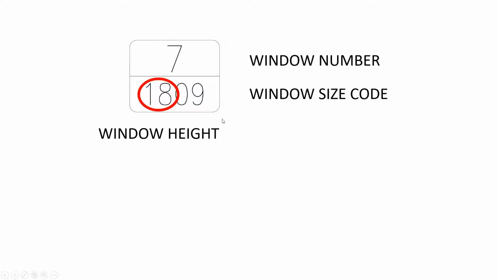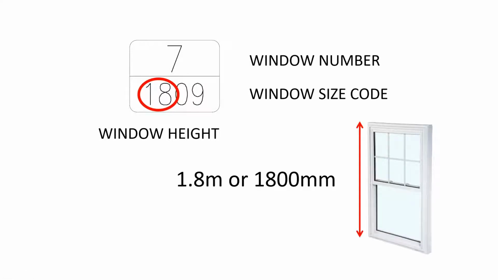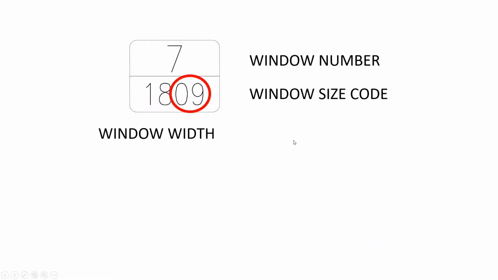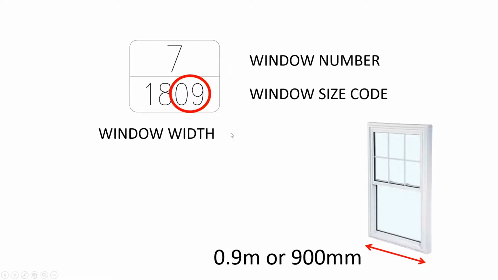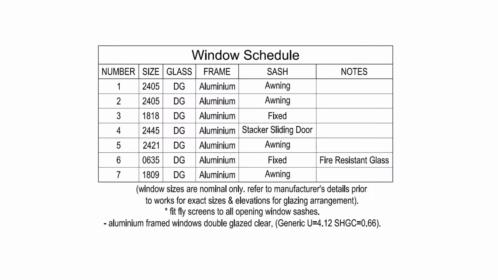The first two digits of the window code are the window height. So 1.8 in this case is 1.8 meters or 1800 millimeters. Second is the window width. So the 0.9 in this case is 0.9 meters or 900 millimeters. We don't talk in centimeters in the building industry.